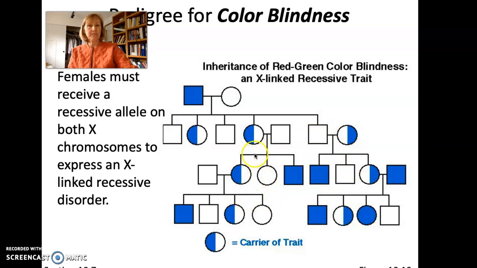Females, rarely. Here we have one, rarely. So you would be able to guess that this is a sex-linked recessive disorder. It's recessive because it doesn't show up a whole lot, and this individual isn't affected, and this individual isn't affected. If it were dominant, you would have no half-filled boxes.